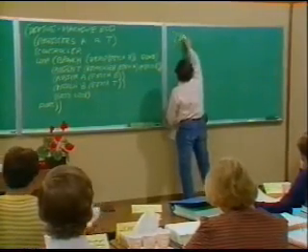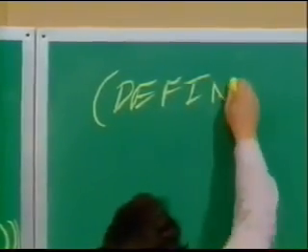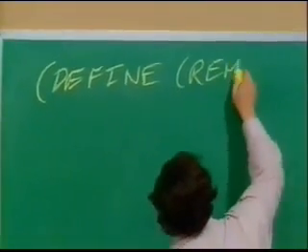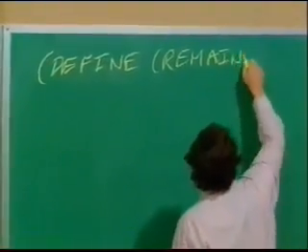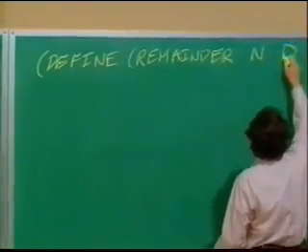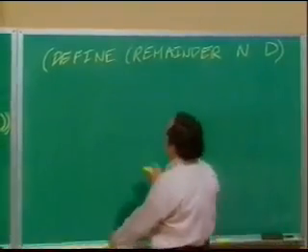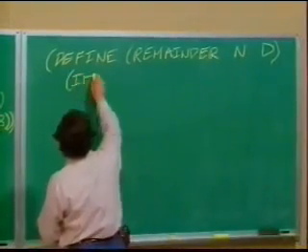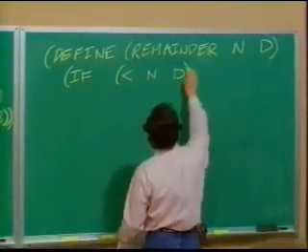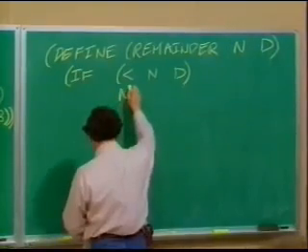So the remainder of n divided by d is nothing more than: if n is less than d, then the result is n.